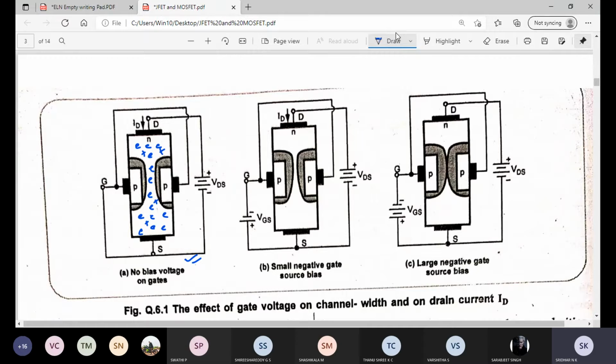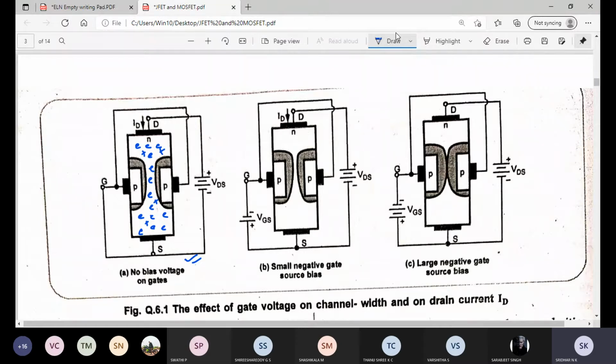Now we are looking at N channel, so the majority charge carriers are electrons.